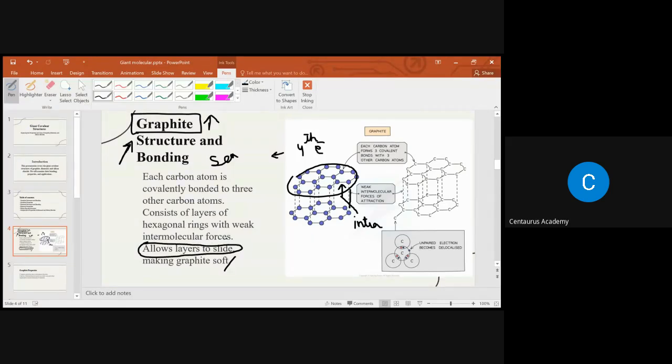Okay, this characteristic property allows it to be used as a lubricant. If any force is applied to one of the layers, they simply slide upon each other. This means it's very easy to overcome these intermolecular forces of attraction. They'll break apart and then reform again.